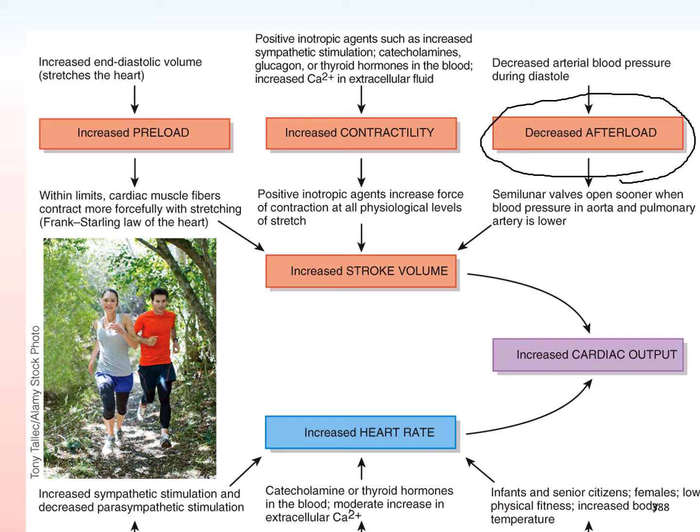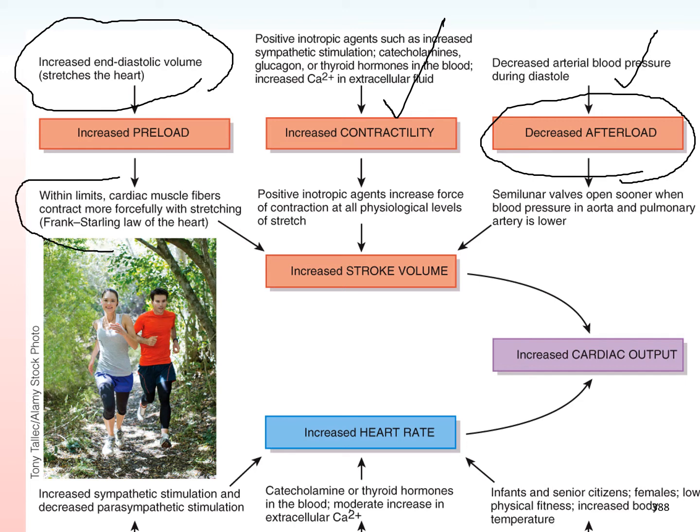In other words, if the arteries that your heart has to pump into are easy for the blood to pass through, or if there's something causing your heart to contract more strongly, such as increasing the amount of blood flowing into it within limits, that is called the Frank Starling law, the idea that cardiac muscle fibers contract more forcefully with stretching.